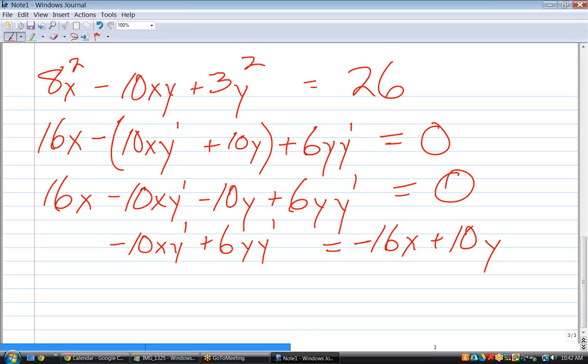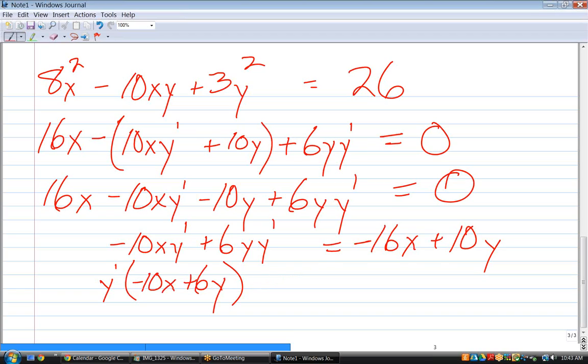Your first word was correct, divide. But it really should have been factor, because that's what we're doing. But that's what factoring is, dividing. In other words, if I want to pull a y prime out, what am I left with after I factor out y prime from these two terms? Negative 10x plus 6y.